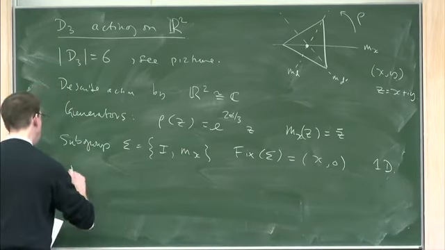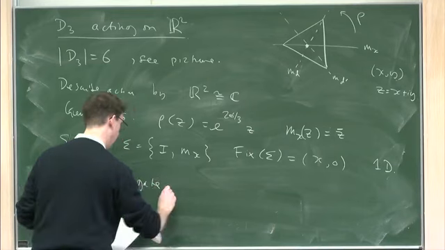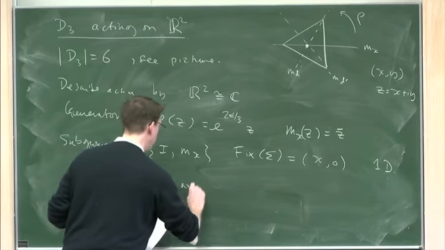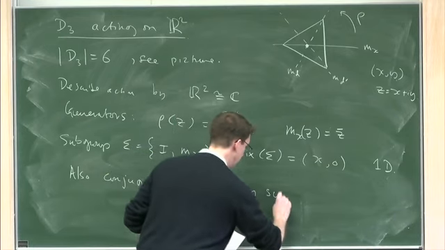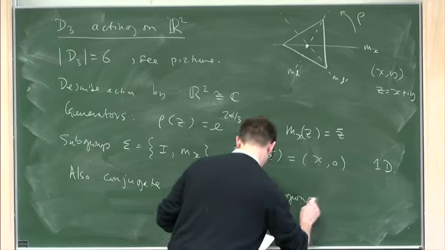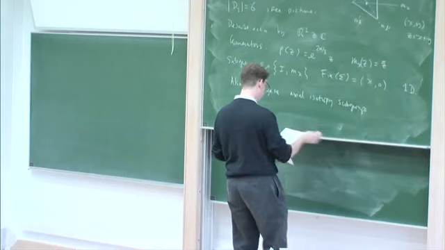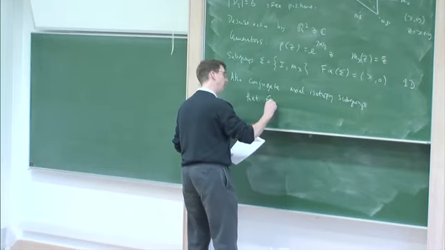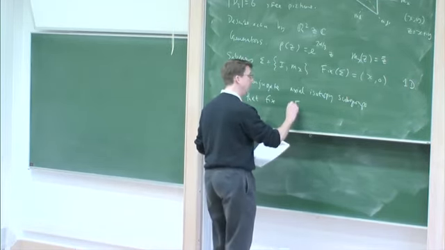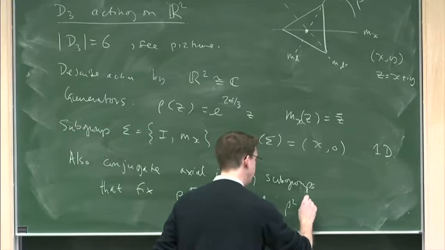Okay, so there are also conjugate axial isotropy subgroups that fix rho times fix sigma, and rho squared times fix sigma.